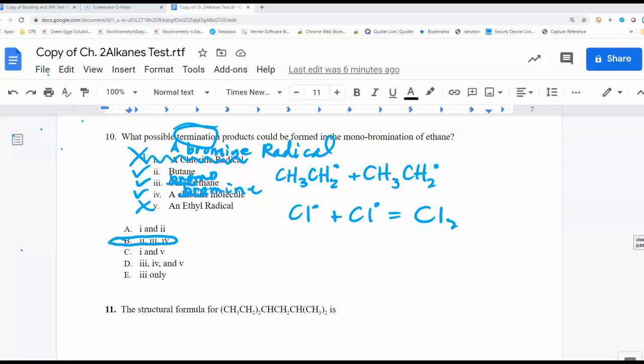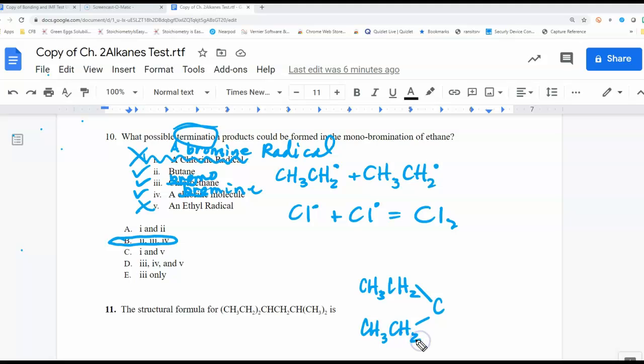Okay, last question on this particular part. The structural formula for CH3CH2(CH2)2CH2CH3. Oh my goodness gracious. Okay, so I have CH3CH2 bonded to a C, and that is also bonded to a CH. So let me get this right.